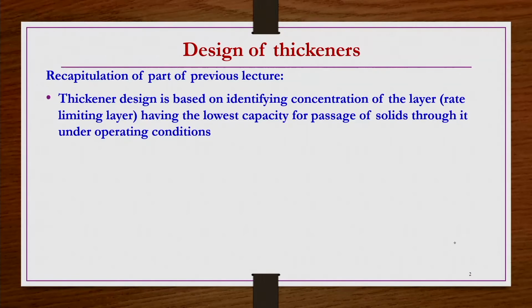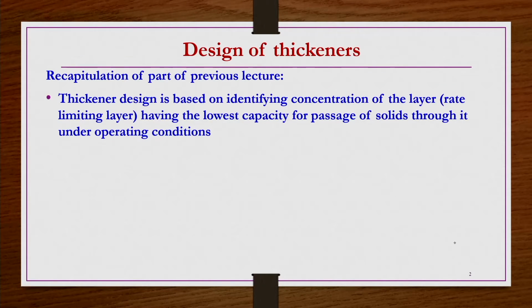Thickener design is based on identifying the concentration of the layer having the lowest capacity for passage of solids through it under operating conditions. In the thickener design calculation we started with in the previous lecture, we identified a layer having the lowest capacity for passage of solids through it.